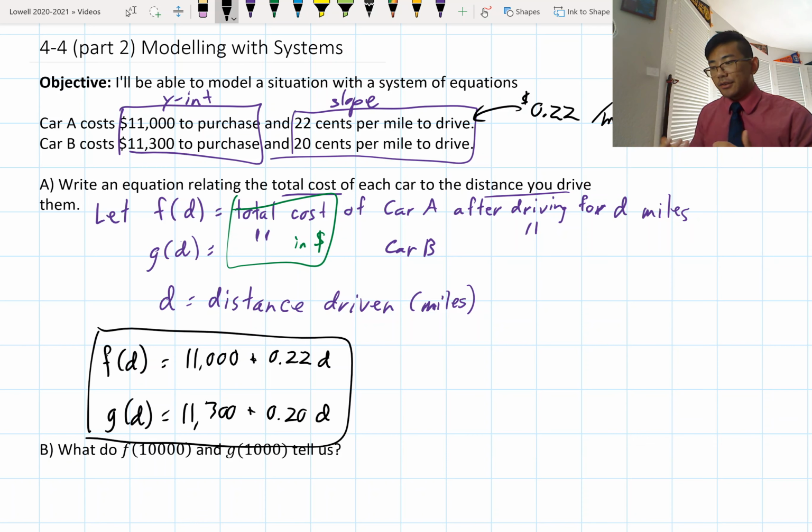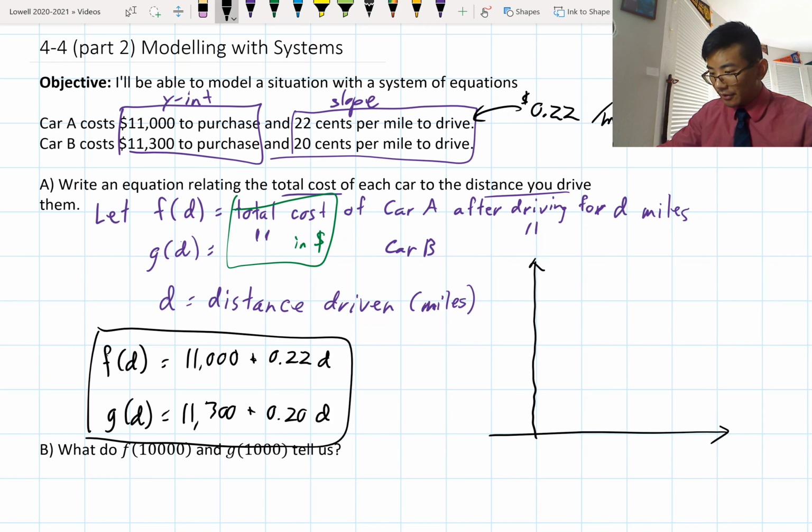Those would be our equations. It didn't ask us to do this, but we could also draw a graph to see what's happening here. I'll draw a rough sketch. Let's pretend that this first part right here is 11,000. This is the total cost in dollars, and this is miles driven.